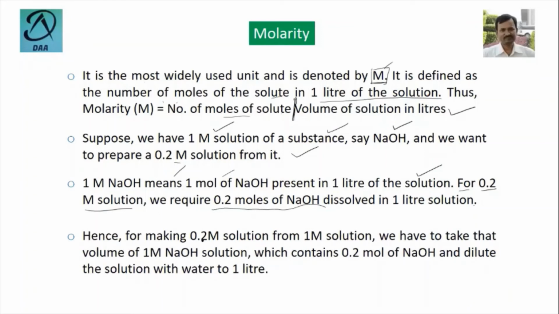Hence, for making the 0.2 molar solution from the 1 molar solution, we have to take the volume of the 1 molar NaOH solution which contains the 0.2 mole of NaOH and dilute with water to 1 liter. So in this way, we can prepare the 0.2 molar solution of NaOH from the 1 molar.